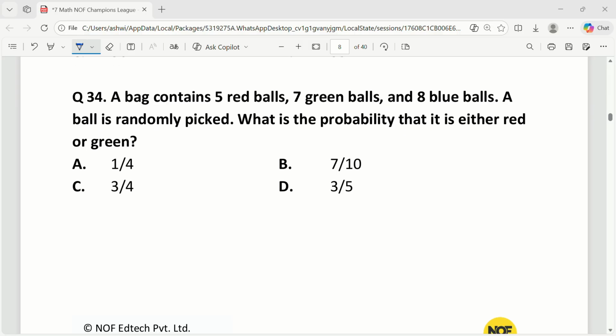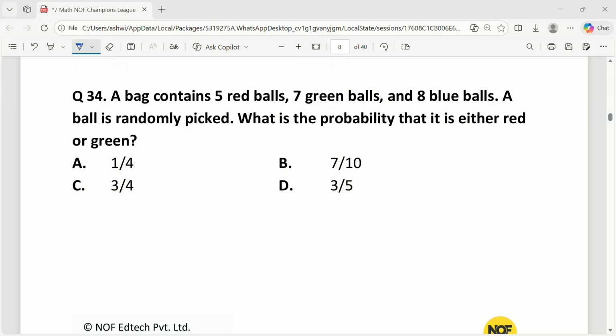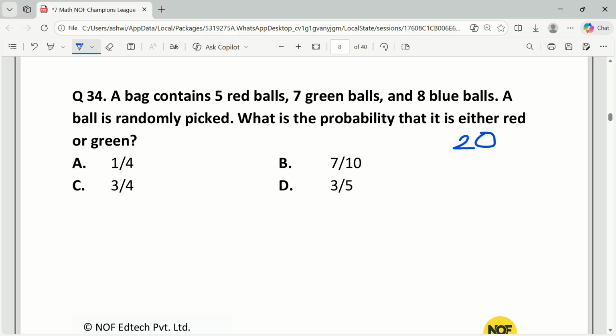Question 34. A bag contains 5 red balls, 7 green balls, and 8 blue balls. A ball is randomly picked. What is the probability that it is either red or green? The total number of balls in the bag is the sum of red, green, and blue balls. Hence, the total number of balls will be 20.